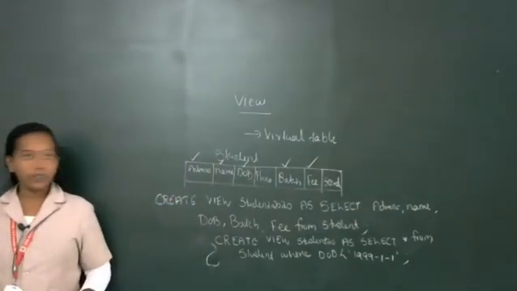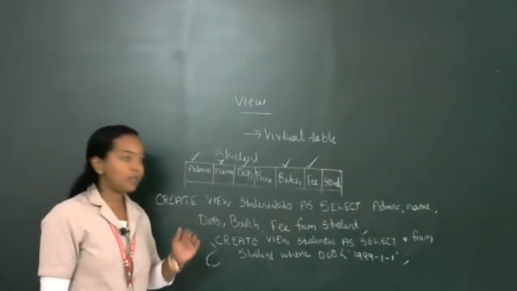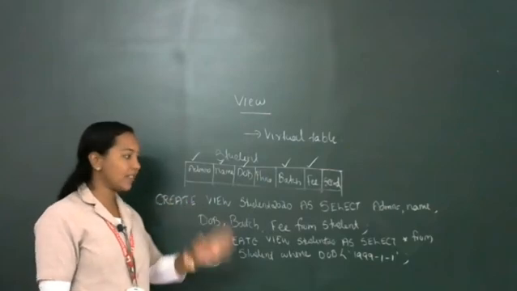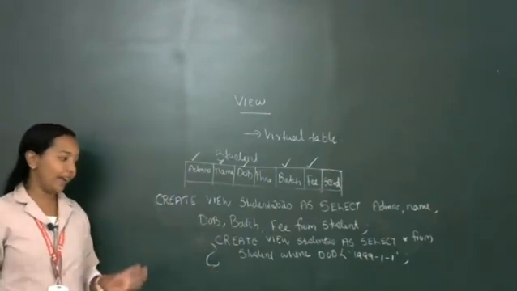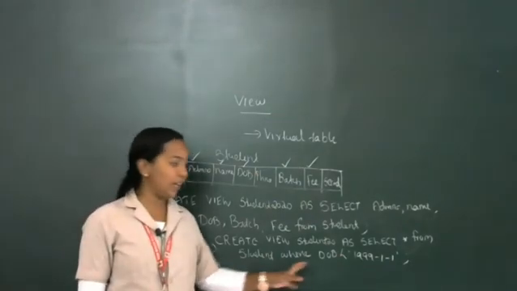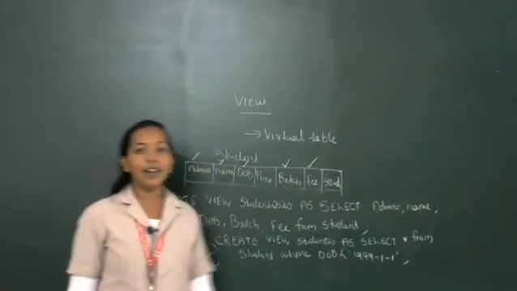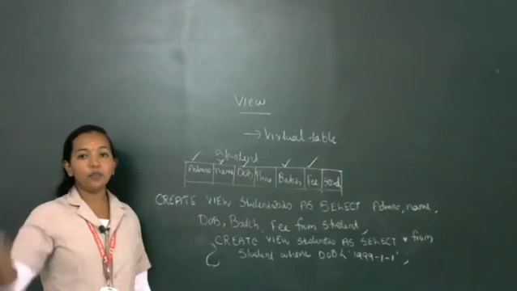That means in this view I am selecting all the details. Select star means the entire row I am selecting. I am not mentioning the column name. What is the condition? Where date of birth is less than 1999-11-1.